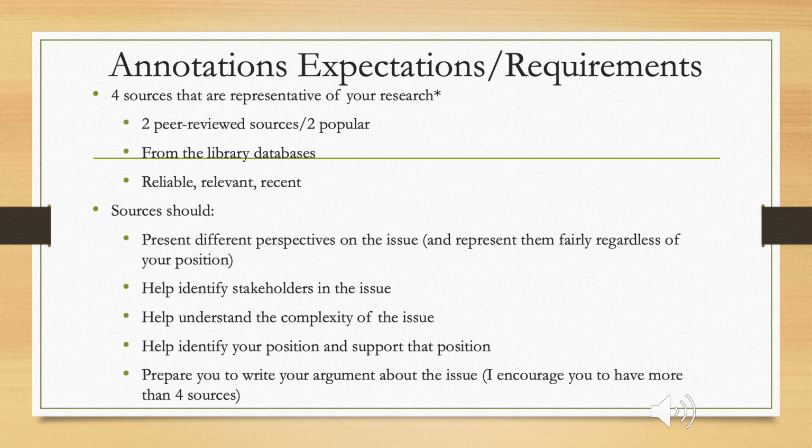It should help you identify stakeholders in the issue. So, your sources should give you some indication of who has something at stake. And then it should also help you understand the complexity of the issue and help you identify your own position and support that position within this issue. And ultimately, the point of this is that it should prepare you to write your argument about the issue.